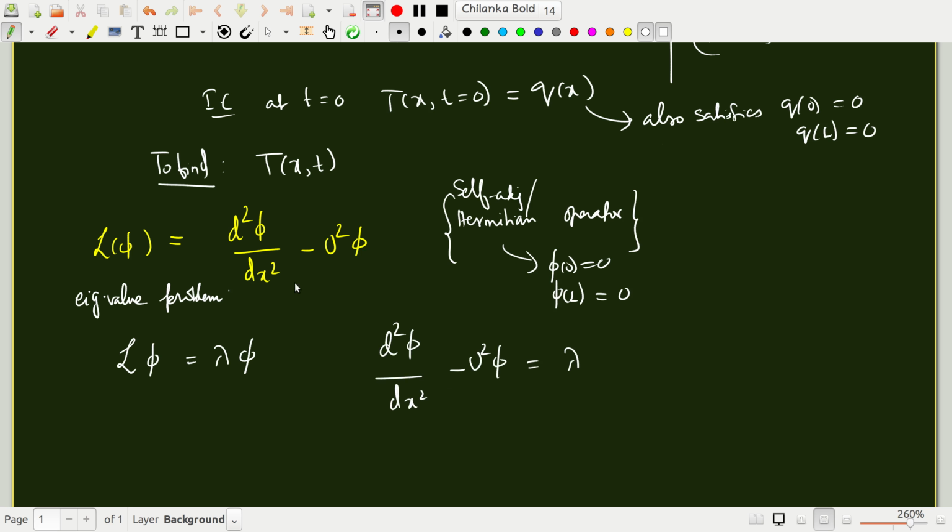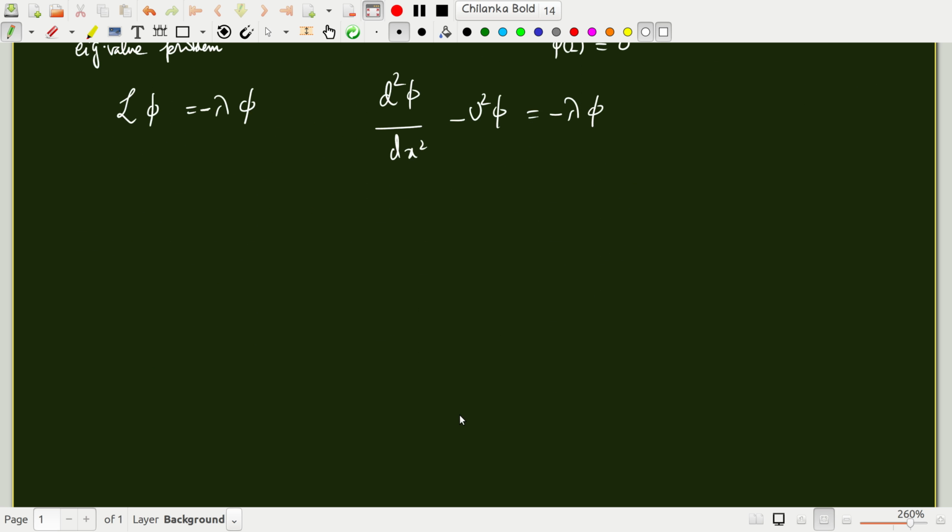Let's keep it as minus lambda phi, for convenience. So d squared phi by dx squared, if I take the u squared term to the other side, is equal to minus of lambda minus u squared, operating on phi. u squared is some constant parameter. It's not a function of x. It's a given constant.